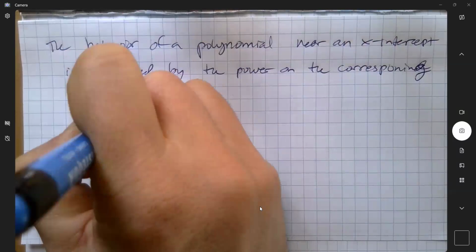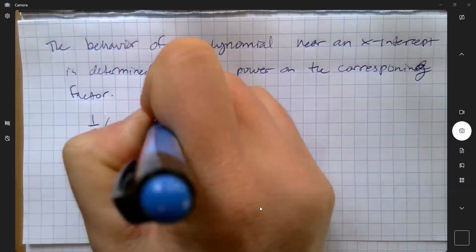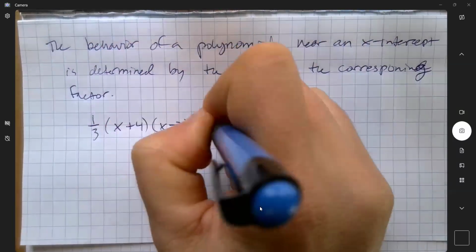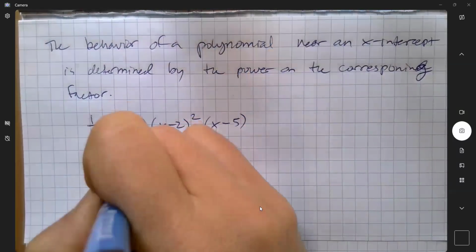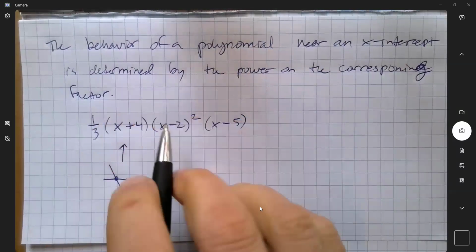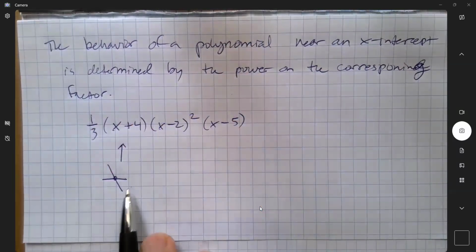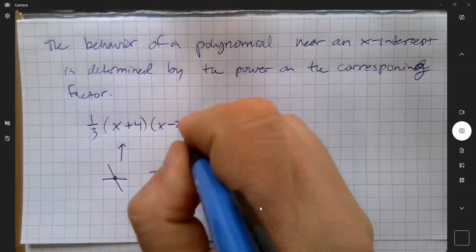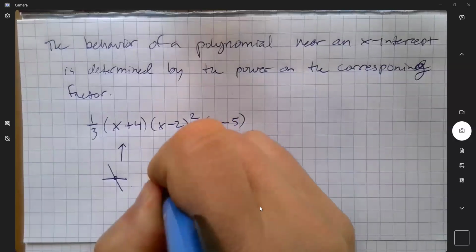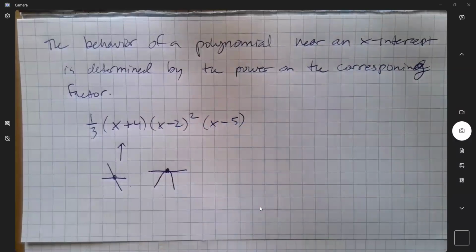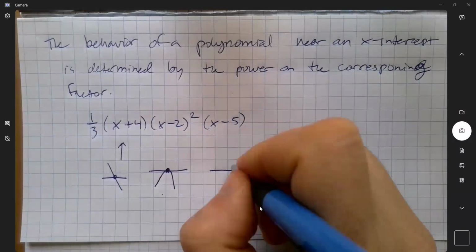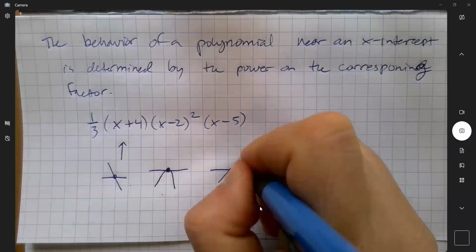We had 1/3 times (x plus 4) times (x minus 2) squared times (x minus 5). That's a linear factor. It looked like a line. X minus 2 is a second degree, power 2 factor, and it looks like a parabola. And x minus 5, again, is linear, and it looks like a line.